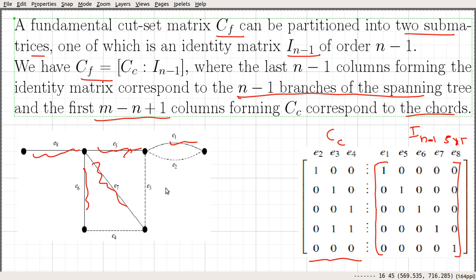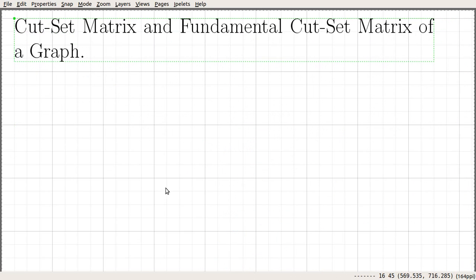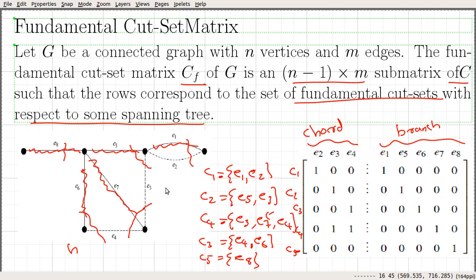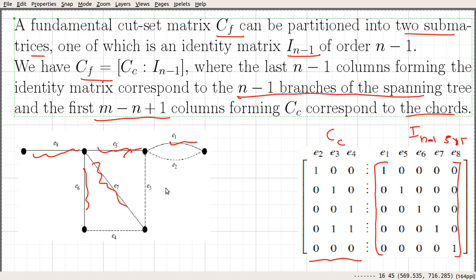So in this video we saw the definition of what a cut set matrix is and what a fundamental cut set matrix is, and we can always write a fundamental cut set matrix as two sub matrices C sub c and I sub n minus 1, where C sub c corresponds to the chord edges with respect to a spanning tree, and this I sub n minus 1 corresponds to the branch edges with respect to the same spanning tree.